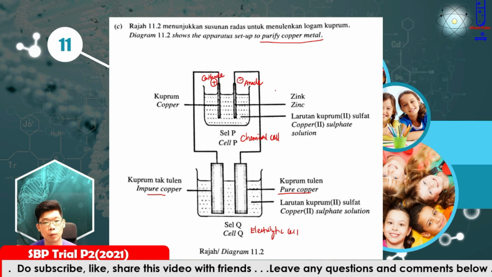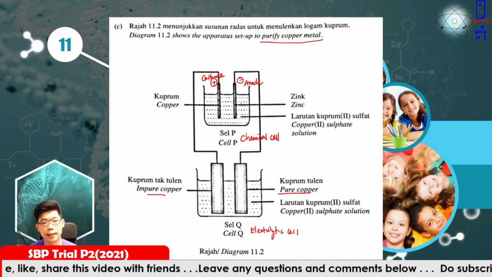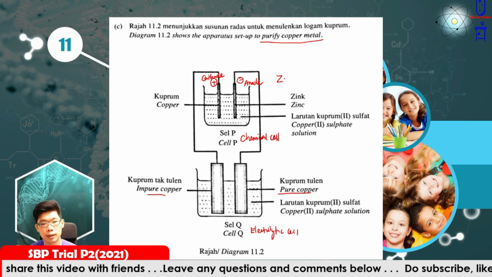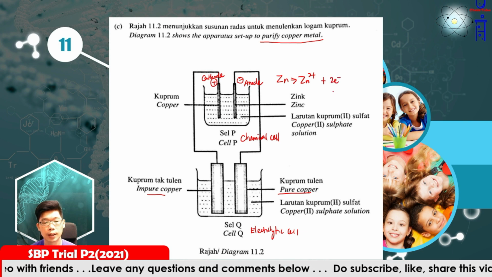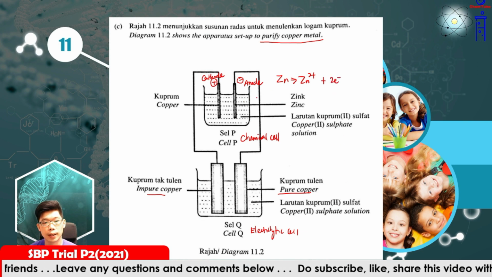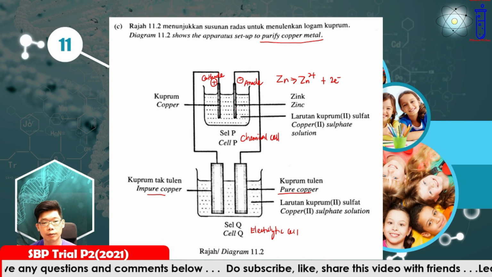So what happens at the anode here? The zinc undergoes oxidation: zinc loses electrons and forms zinc ions. So the zinc ionizes or dissolves and becomes thinner.